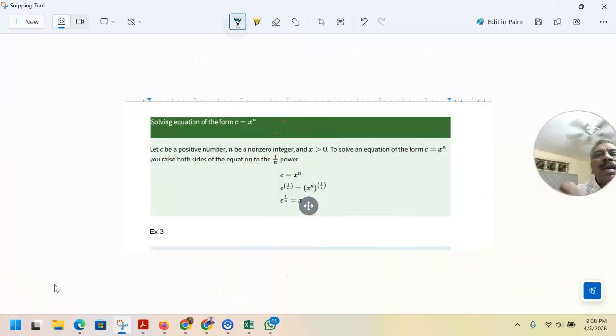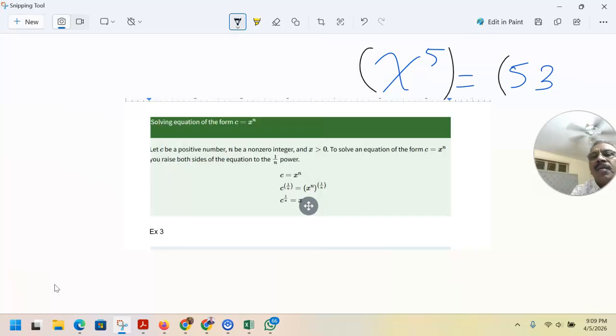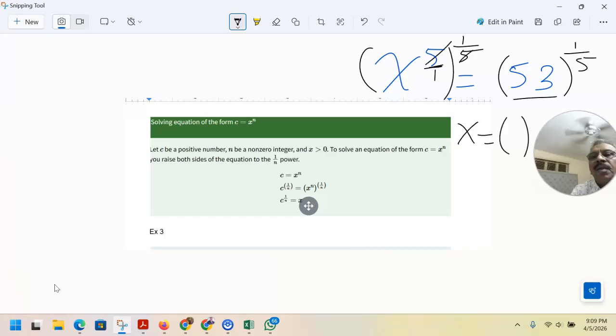So let's take another example. If I have x raised to 5 equals 53, the best way to find x is you put a power, because there's a 5, you just do the opposite. This is 5 over 1, so you do 1 over 5 on both sides. The calculator does the job. This 5 crosses out, and you put 53 raised to 1 over 5 on the calculator, and you get the answer.